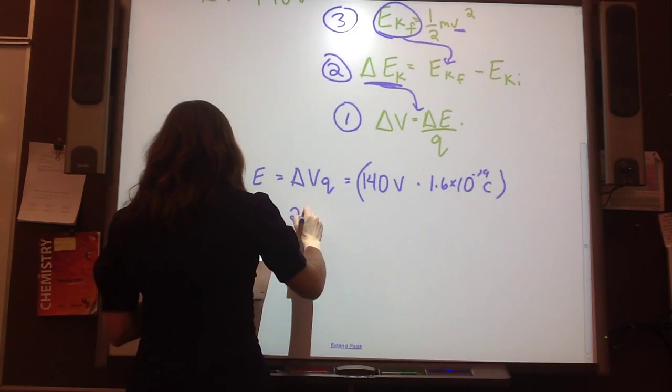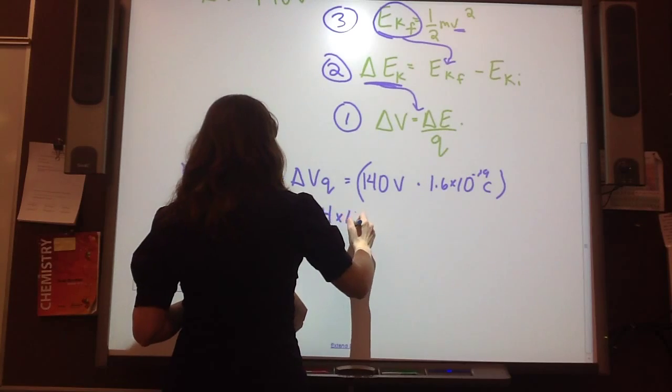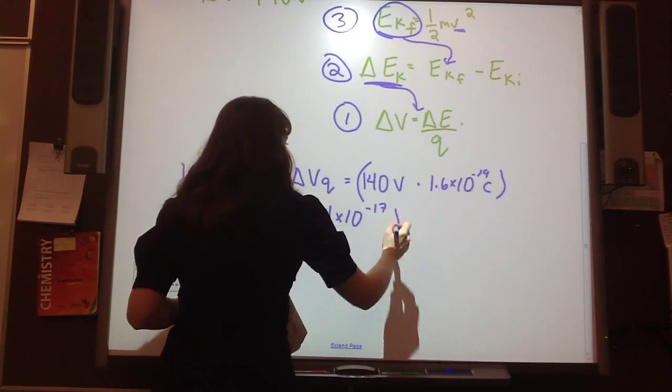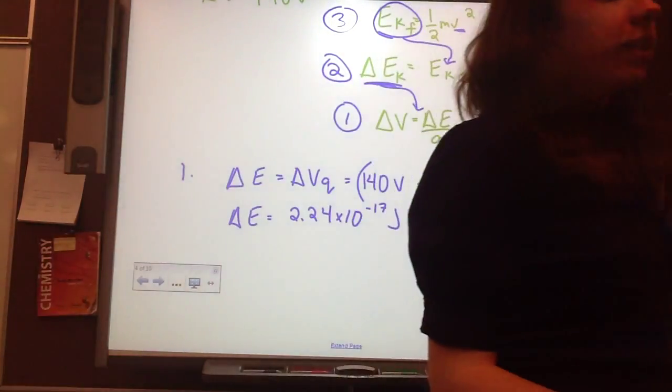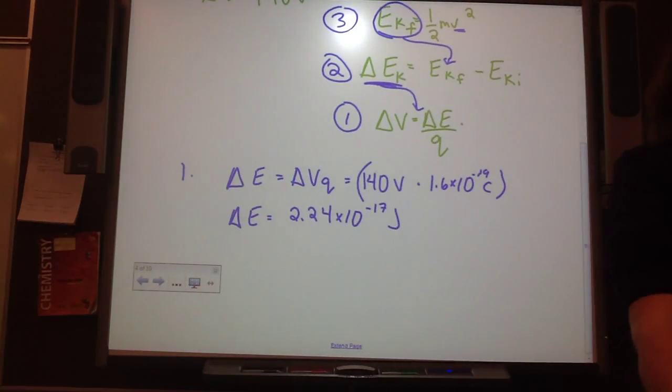So we get 2.24 times 10 to the negative 17 joules. That was my change in energy, and I'm going to apply that to kinetic energy because it was moving.